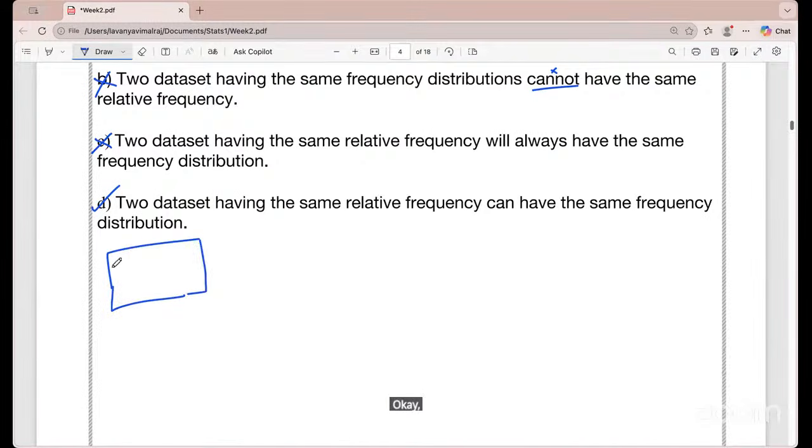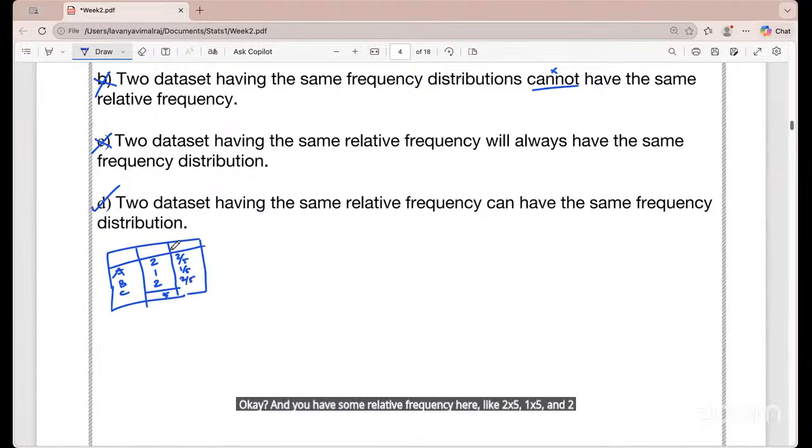Let us say you have A, B, C. A is appearing 2 times, 1 time, and 2 times. The total count is just 5, and you have relative frequencies 2 by 5, 1 by 5, and 2 by 5. This is one data set.